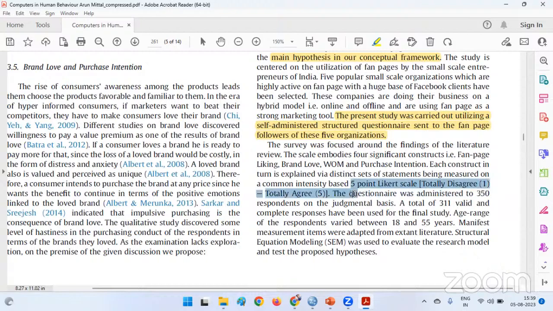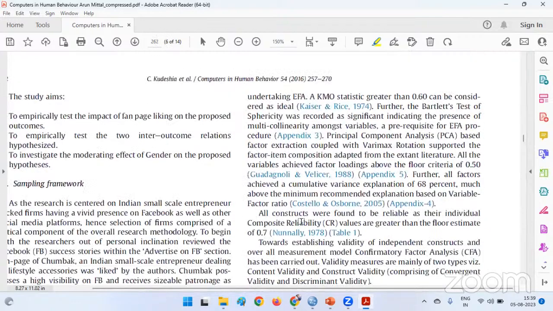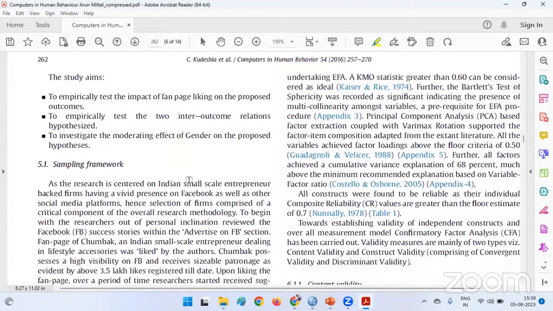A 5-point Likert scale, totally agree to totally disagree. We distributed it to 350 customers, and 301 responses were found. The respondents' age is given in methodology and the tool is also given, structural equation modeling. So this completes the introduction of methodology.